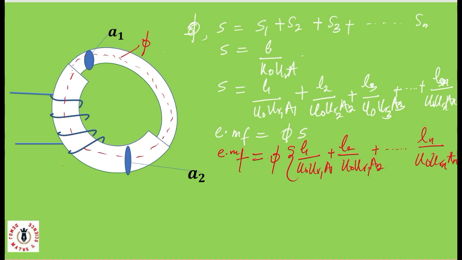Now you'll see that we've created a bracket to multiply phi all through.